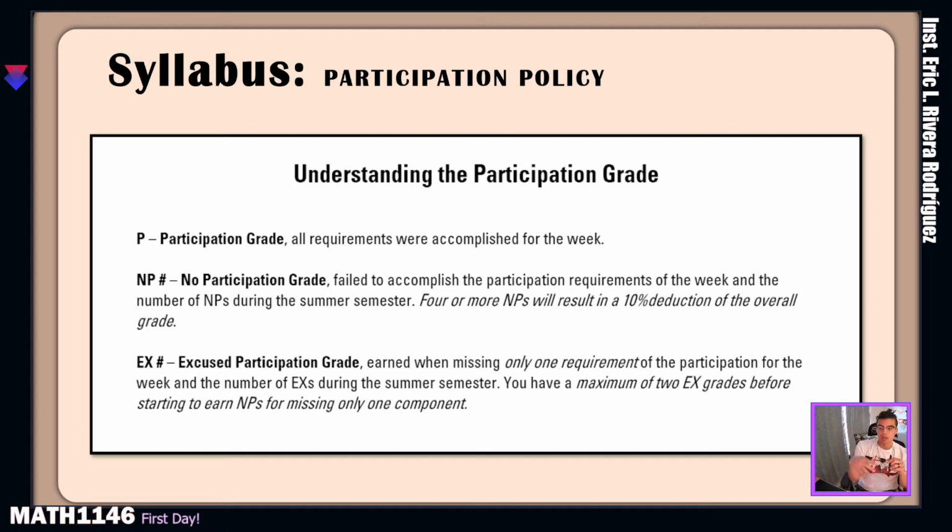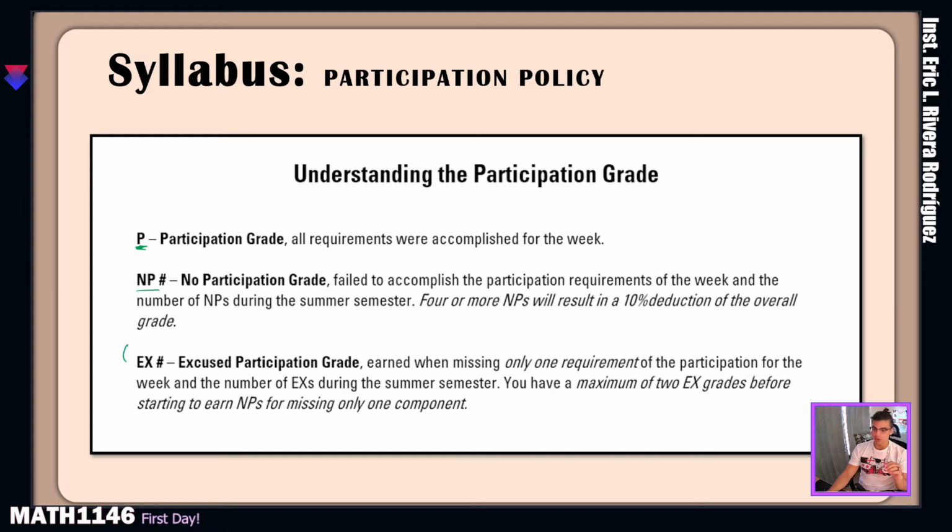Okay, I'm going to receive that. I'm going to put P, NP, number, or EX for excused participation grade, and number. Okay. So if you receive a P for that week, that means that you have met all the participation requirements of that week.